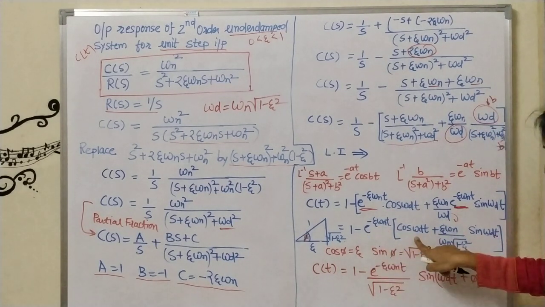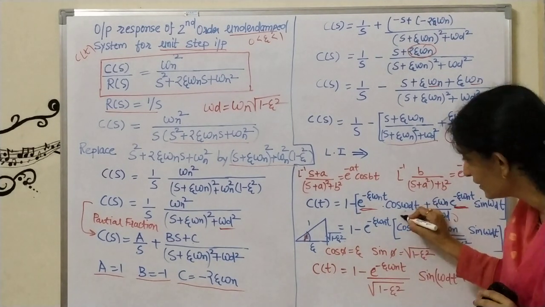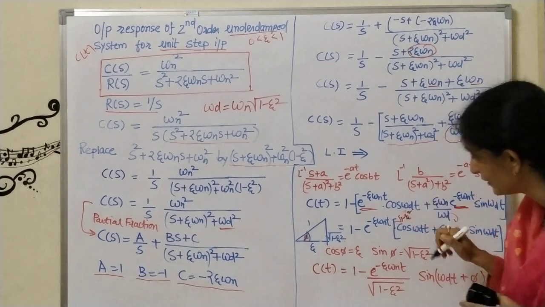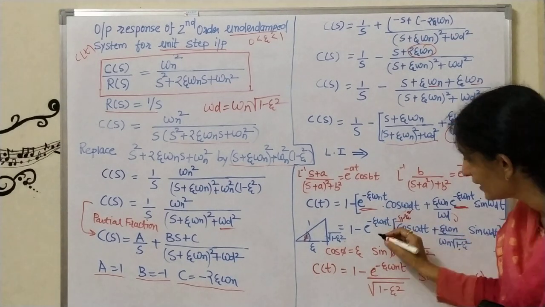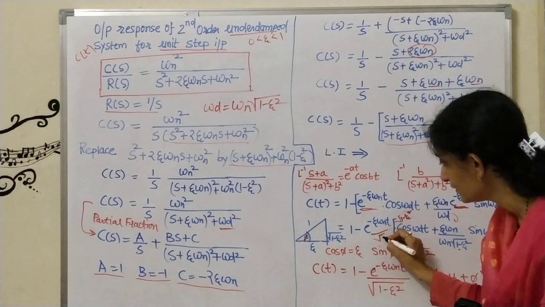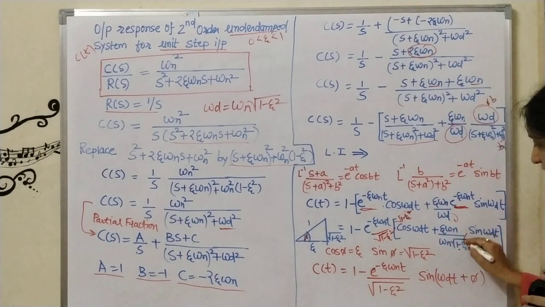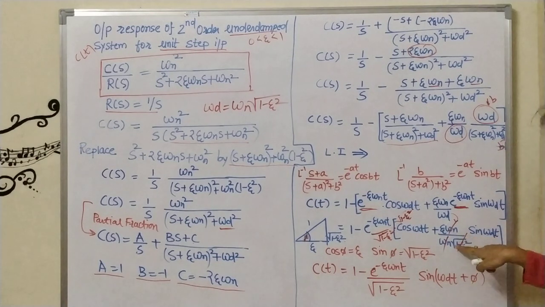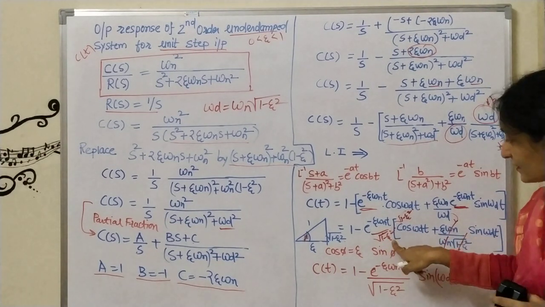Here it will get multiplied with under root of 1 minus zeta square. In the next step, which I have not written here, there will be under root of 1 minus zeta square upon cos omega t, and the term 1 minus zeta square in the denominator. This omega n will get cancelled, and this term will get cancelled because I have written under root of 1 minus zeta square here.